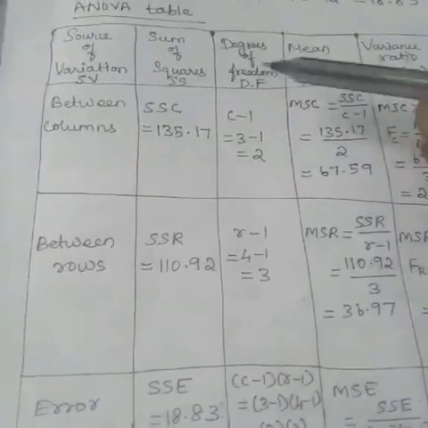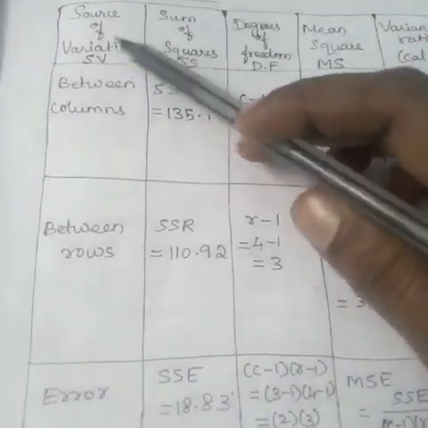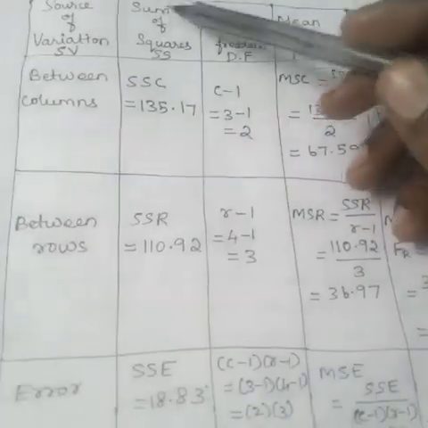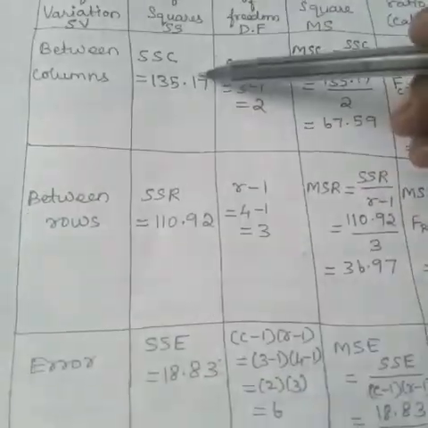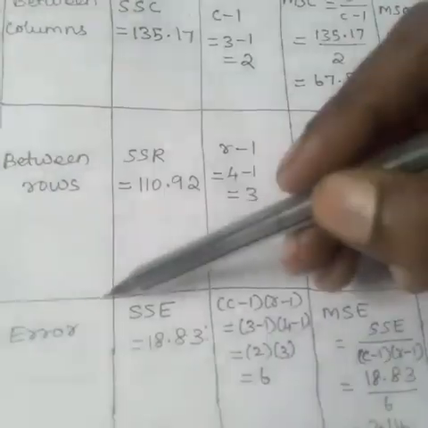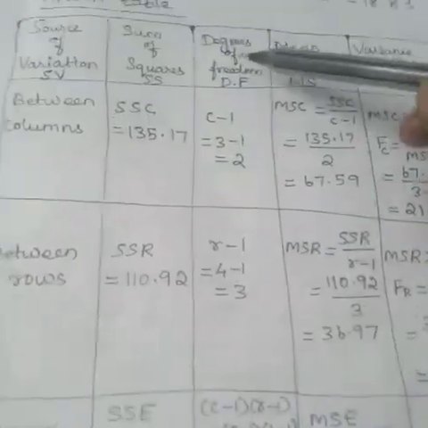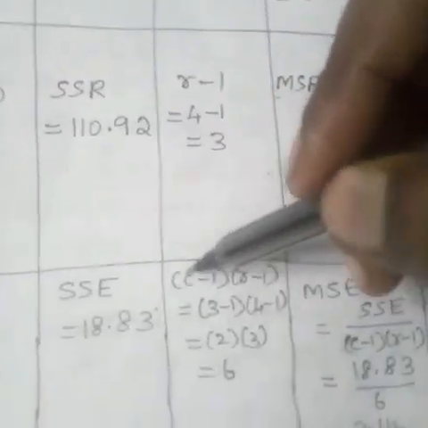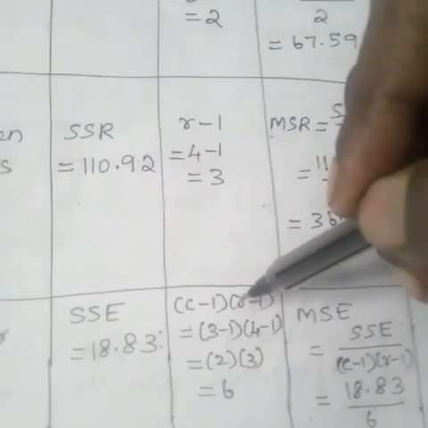All the values are substituted here. Source of variation SV: between columns, between rows, and error, with sum of squares SSC, SSR, SSE. Then degrees of freedom DF: C minus 1, R minus 1, and T, that is C minus 1 into R minus 1 degrees of freedom.